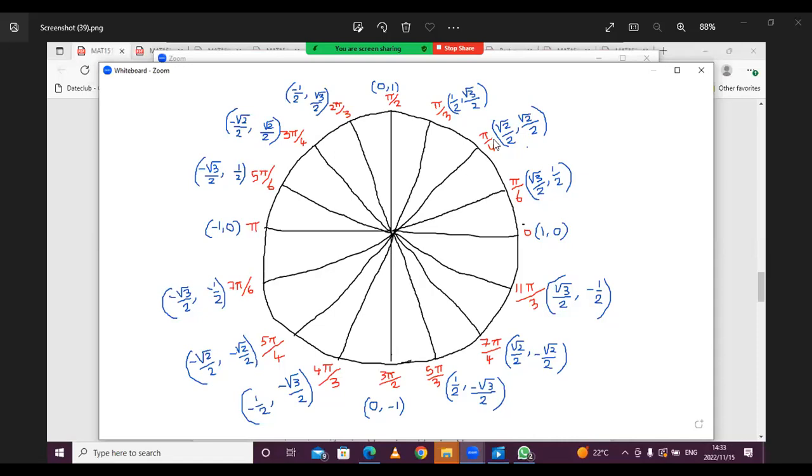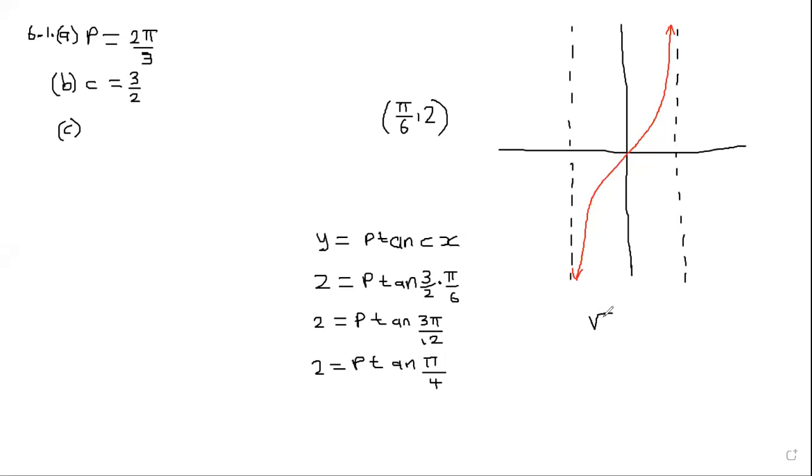Pi over 4 has coordinates root 2 over 2 and root 2 over 2.